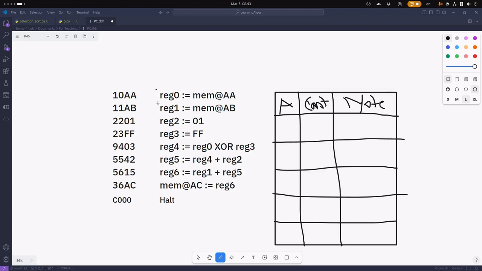I will first write these things in these columns, right? And then I will convert these lines one by one into the machine instruction, and I put these things in this contents column.